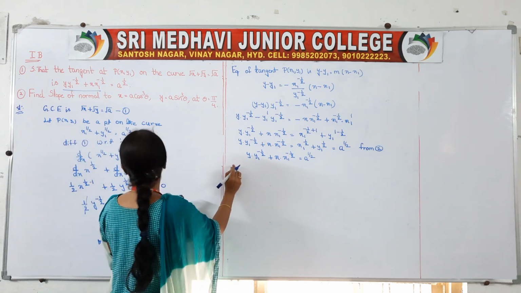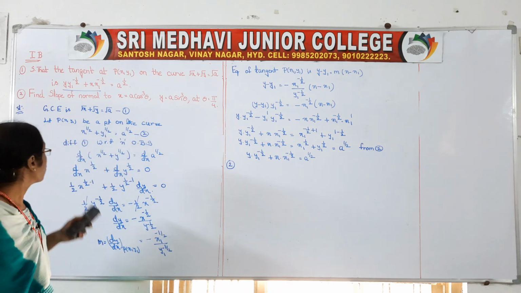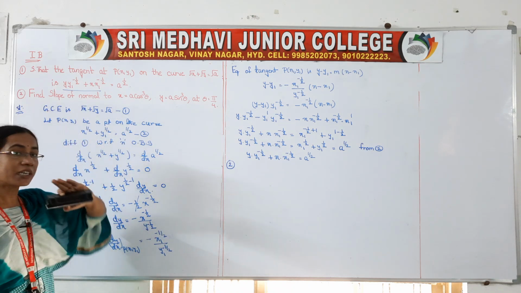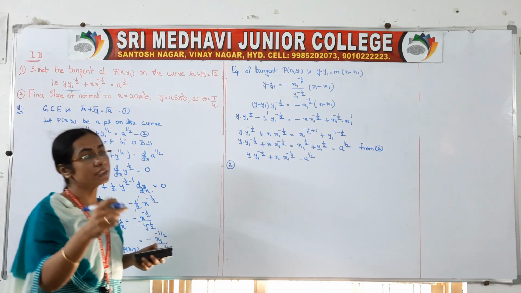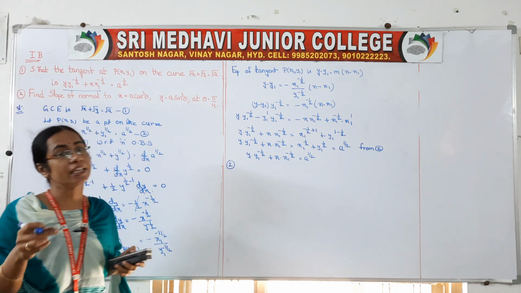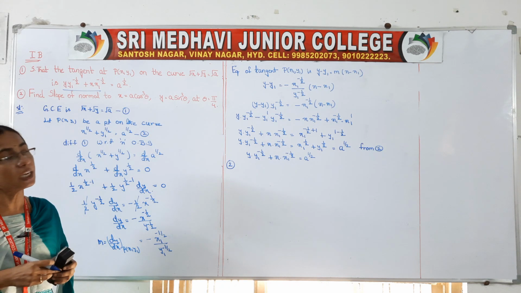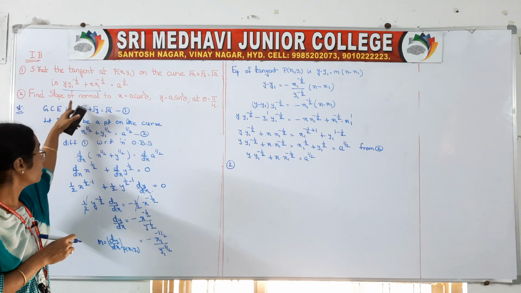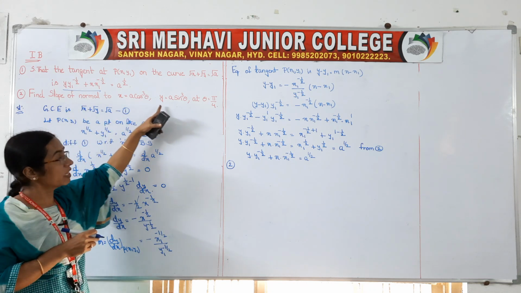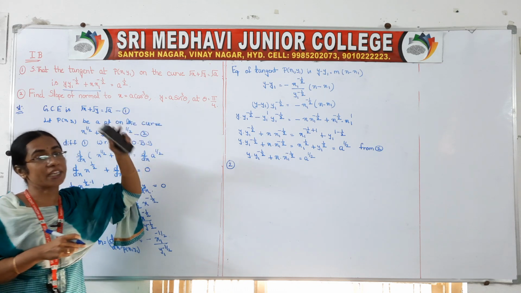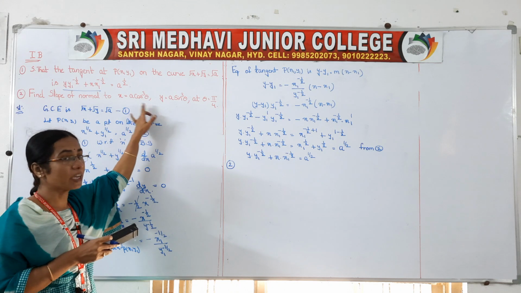Next come to the second one. Second question: find the slope of the normal, not the equation, just the slope of the normal. So if m is the slope of the tangent, then minus 1 by m is the slope of the normal to the curve. So here the curve is given in parametric form. X equation is given, y equation is given, but m is dy by dx. So how will we find dy by dx?